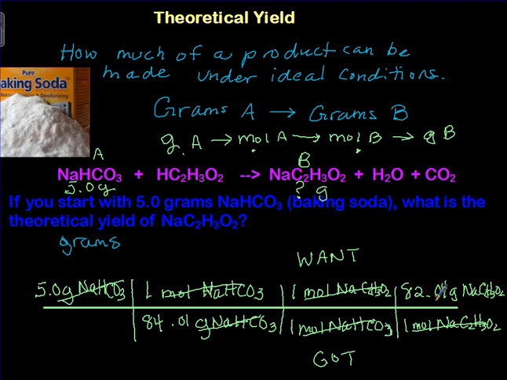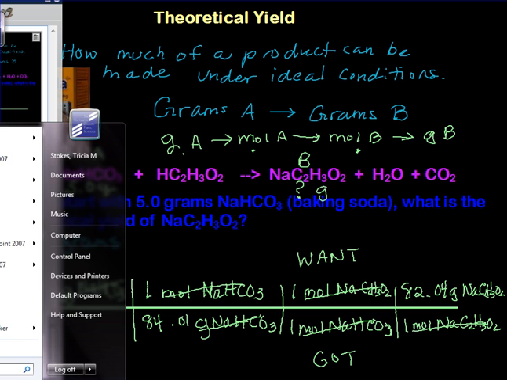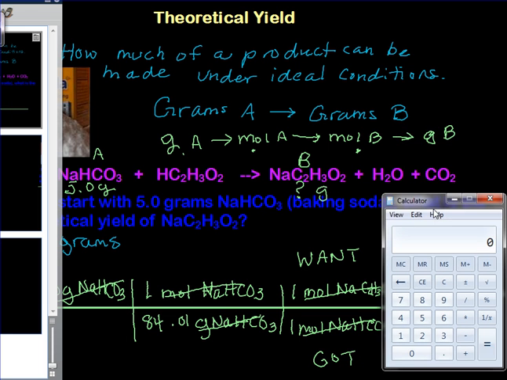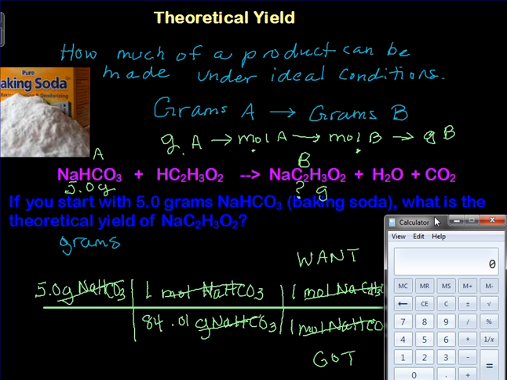So that's pretty straightforward. Now I can take that and I can put that into my calculator and I can solve. So even though it has a fancy name, it's called theoretical yield, there are several similarities to what we've already been doing.